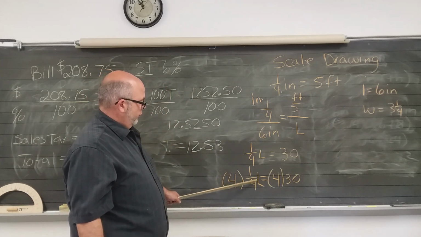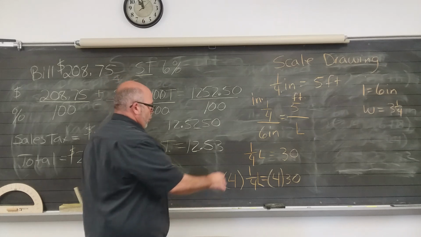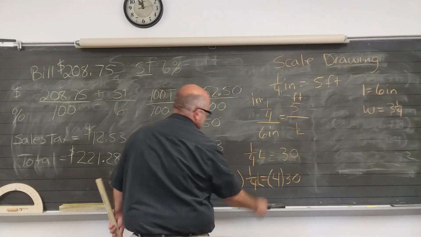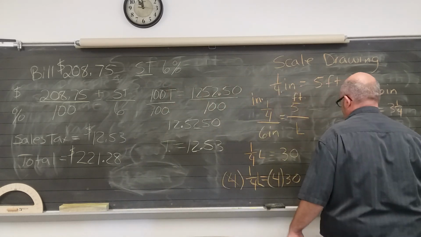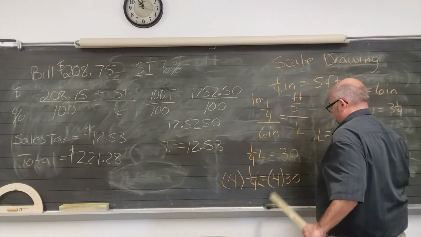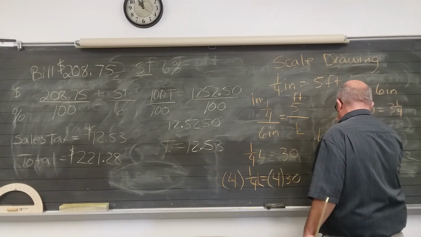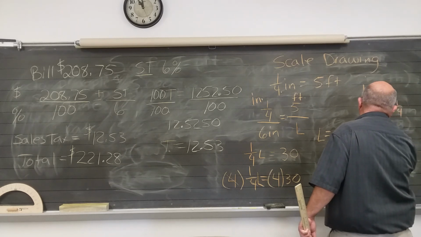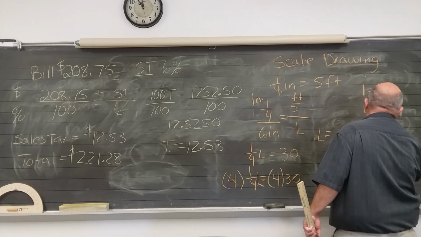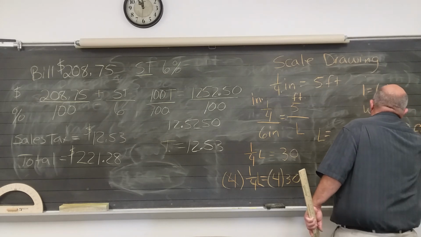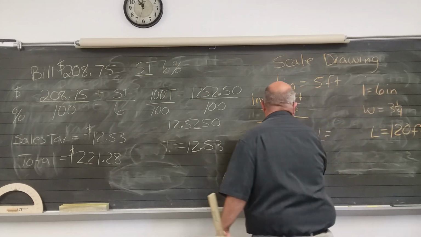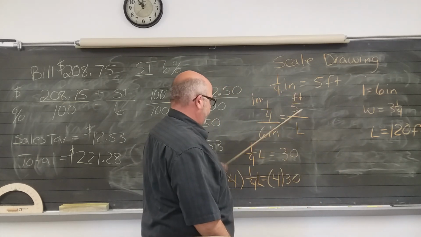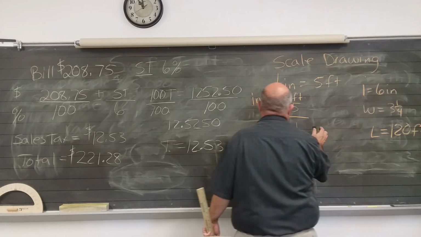This gets rid of the 4s on this side. 1 divided by 4 times 4 gets rid of the 4, so all you have left now is L. L equals 4 times 30, which is 120. So your L on your real thing is going to equal 120 feet. Whatever you're building is going to be 120 feet long. L equals 120.